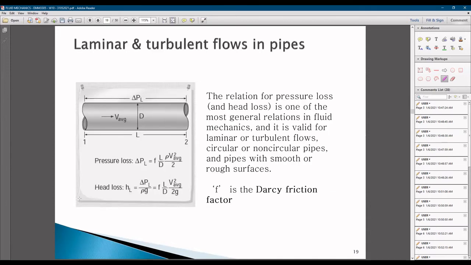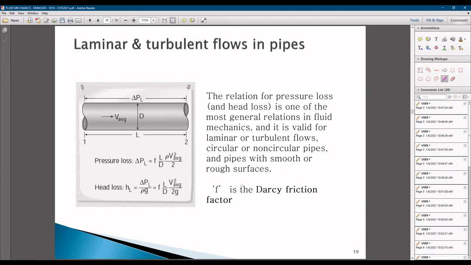Okay, the relation for pressure loss is one of the most general relations in fluid mechanics, and it is valid for laminar and turbulent flow, circular or non-circular pipes, and pipes with smooth or rough surface.